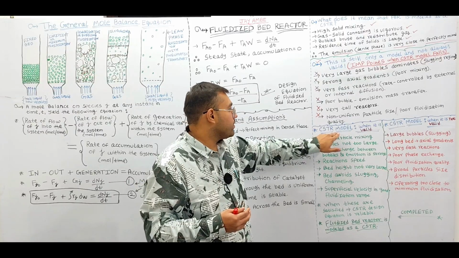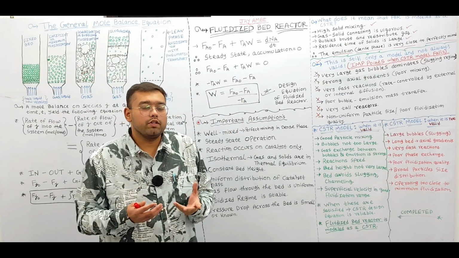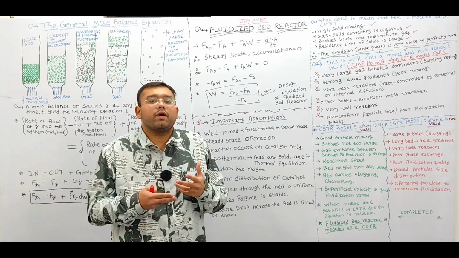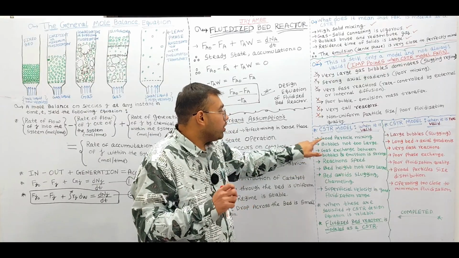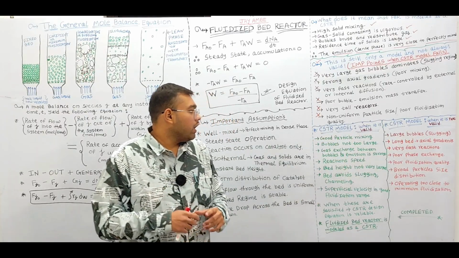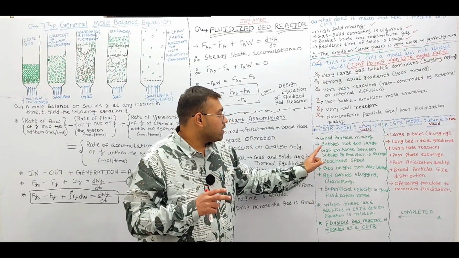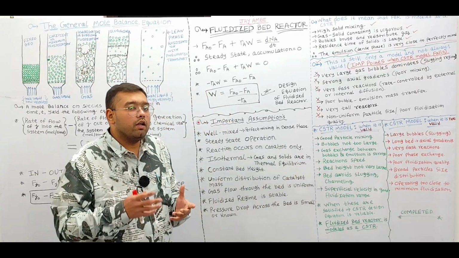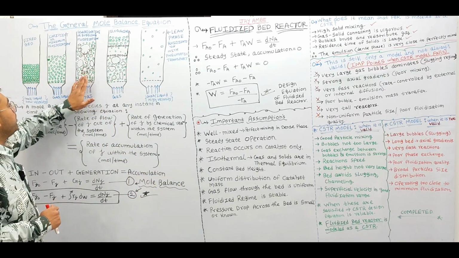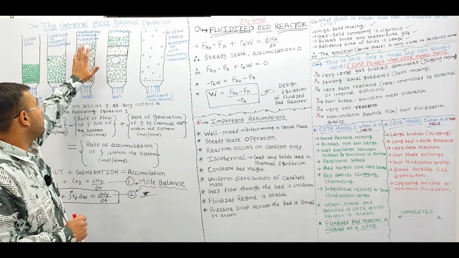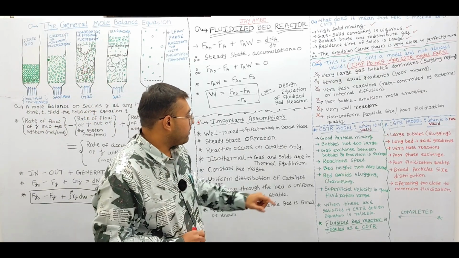So when the CSTR model is valid, which means we can model the fluidized bed reactor as a CSTR, the important points are: first, we should have good particle mixing. Second, bubbles not too large, right? We should have smaller bubble formation, due to which we will have uniform and vigorous, thorough mixing of the entire solid in the gas phase in the emulsion phase of the fluidized bed reactor.